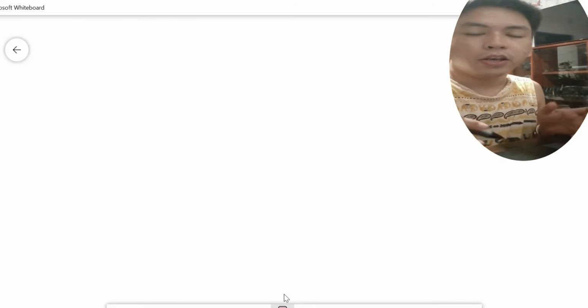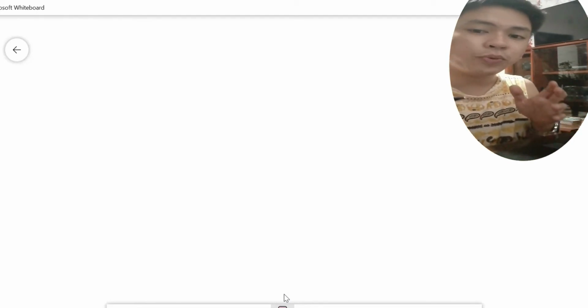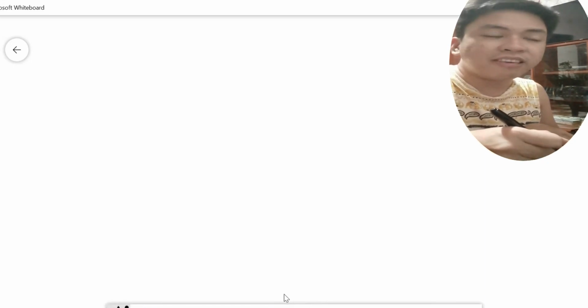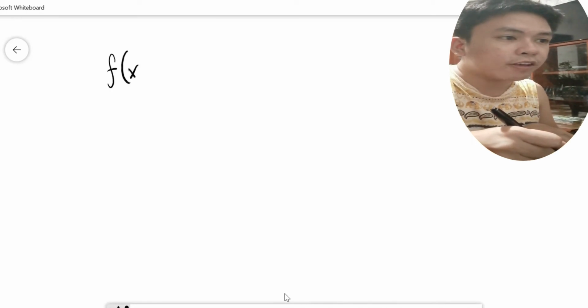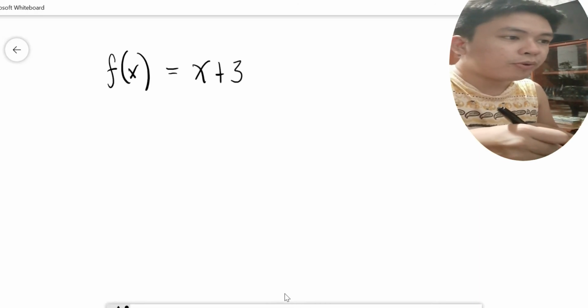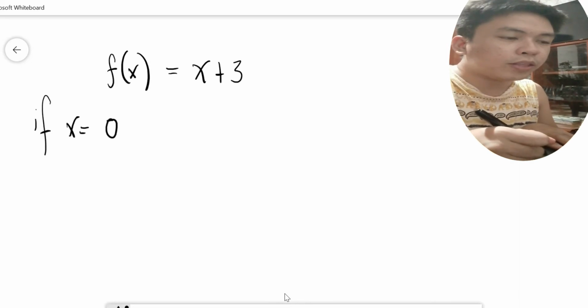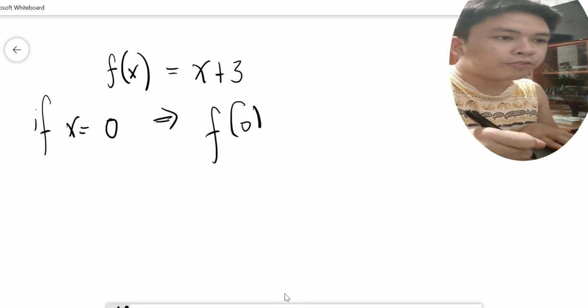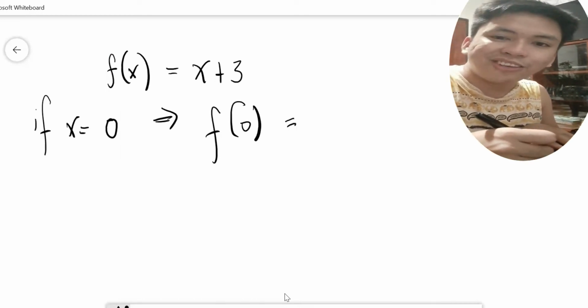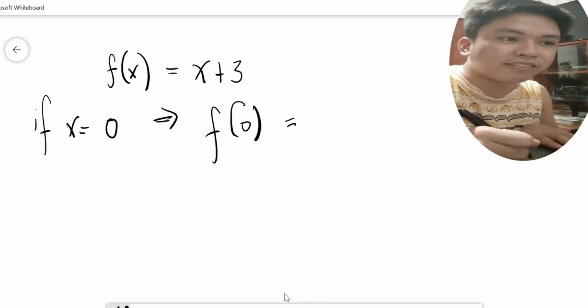That's it. Okay, so in this case, how do we evaluate a function? Let's say, for example, given we have f of x equals x plus 3. If x is 0, then f of 0 is equal to, we plug in the value for x, which is 0.